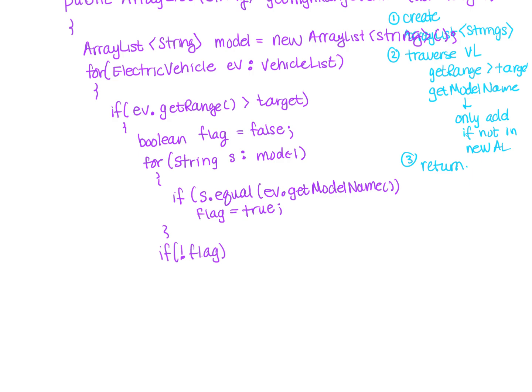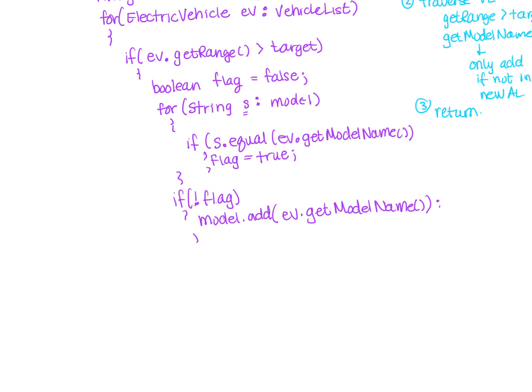The new list is called model, so we say model.add, and not s, because that's the one in the inner loop, we're going to add ev.getModelName.